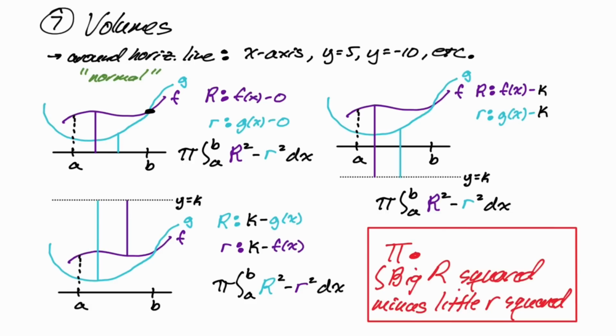Okay, so for these, you're always just doing pi, the integral, big R squared minus little r squared, and then dx. But actually, the idea is exactly the same when you do this dy.